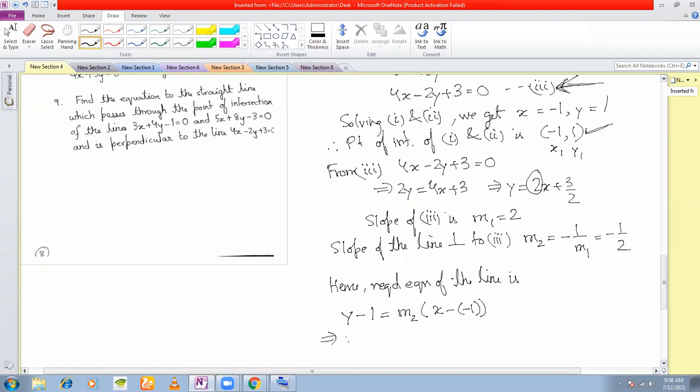So you have y - 1 = -1/2(x + 1), and you can simplify this to x + 2y - 1 = 0. This is the required equation. Any question here? No, sir. Okay.